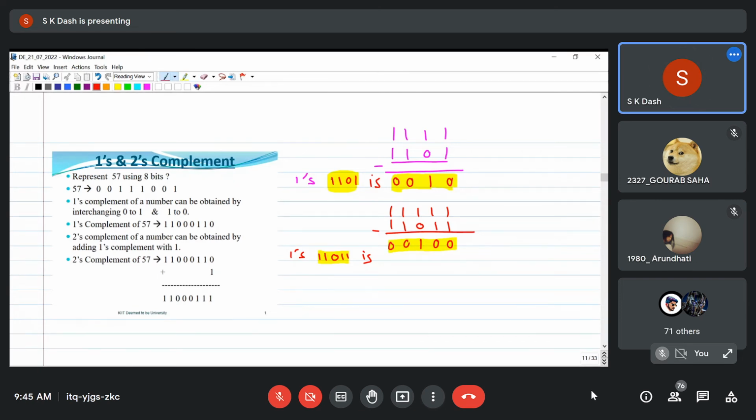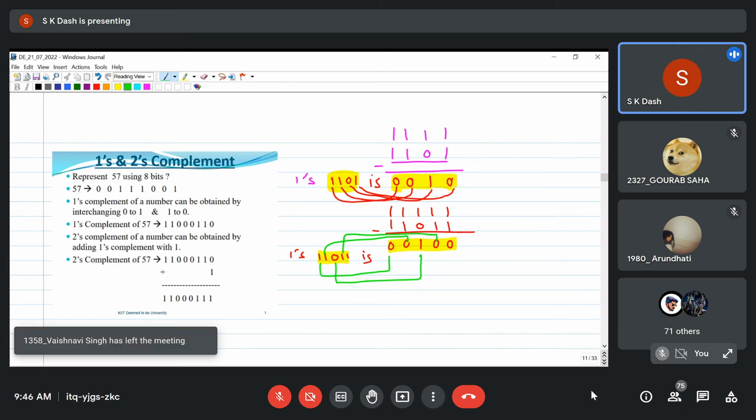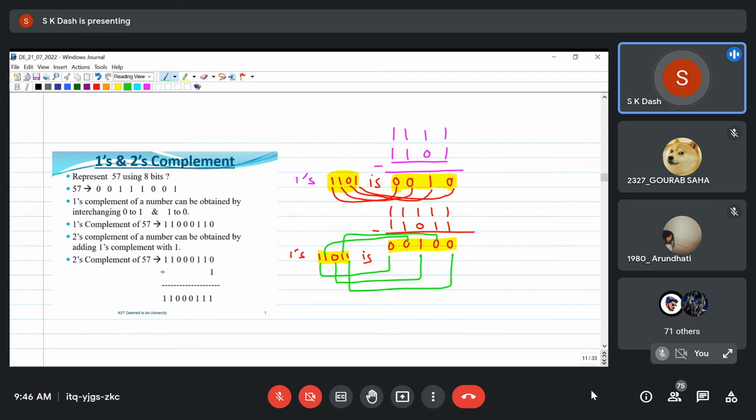This 1 is changed to 0, this 1 is changed to 0, this 0 is changed to 1, this 1 is changed to 0. Exactly the same thing is happening here if you observe. So whatever binary number is given, if you want to find the ones complement, just interchange zeros with 1 and ones with 0.